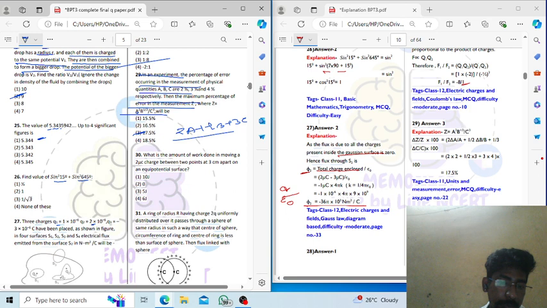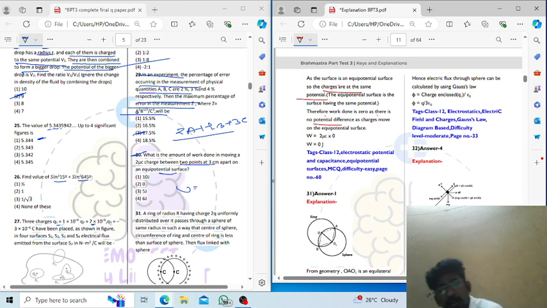Work done is given by the formula V equals W by Q, so W will be equal to V into Q. As the surface is equipotential, there is no potential difference, as the potential at both ends is equal. So W equals Q into V, and V will become 0, that means Q into 0 means 0. The work done will be 0 only.